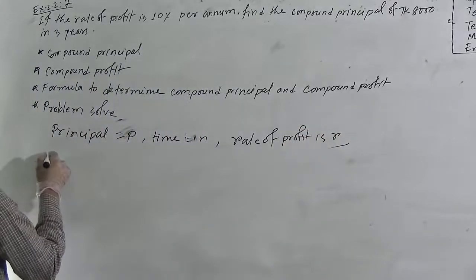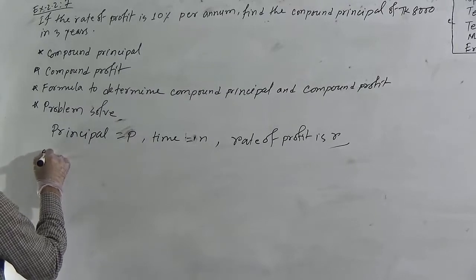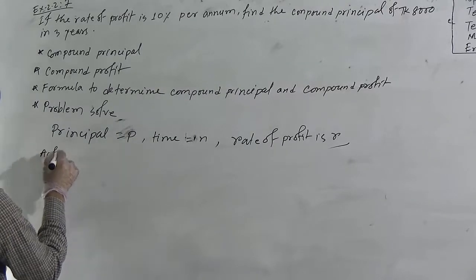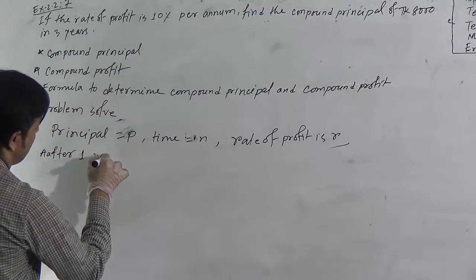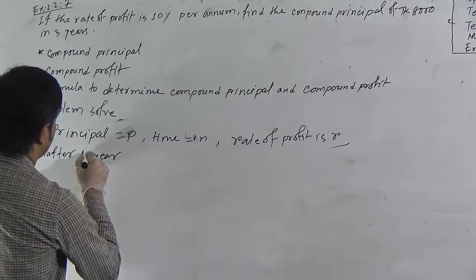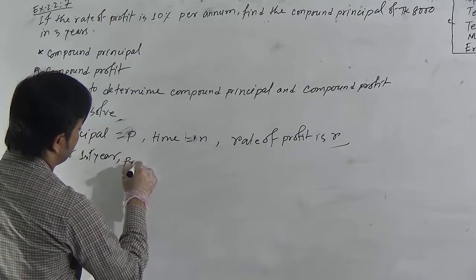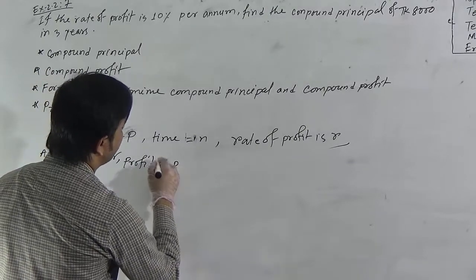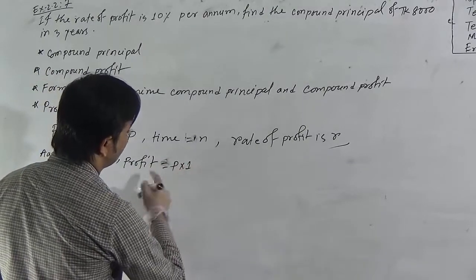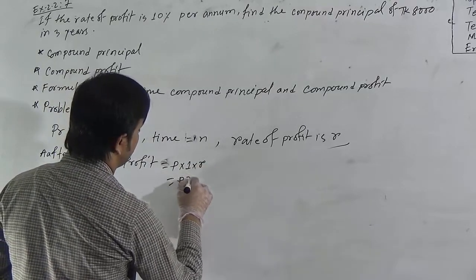Then after 1 year, or first year, profit will be P, value of N is 1 for the first year, and here is R, it means PR.